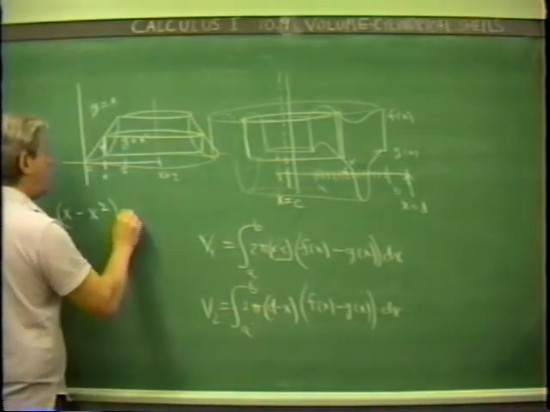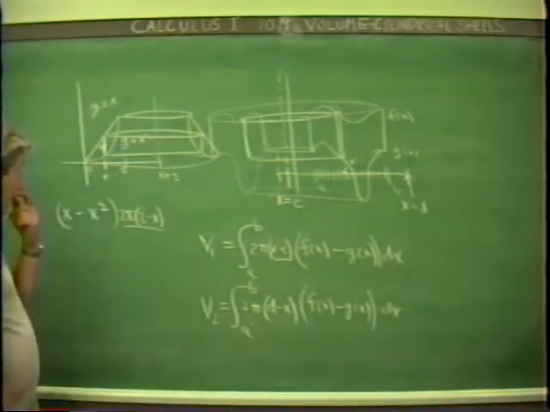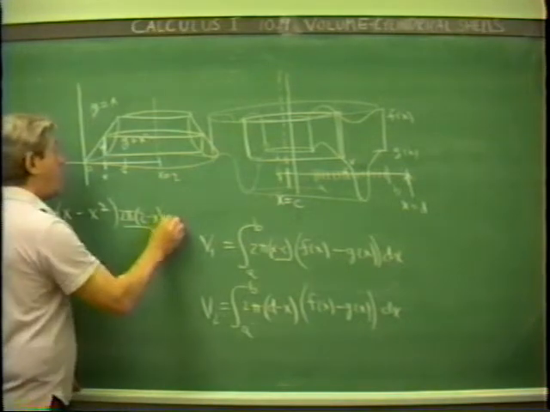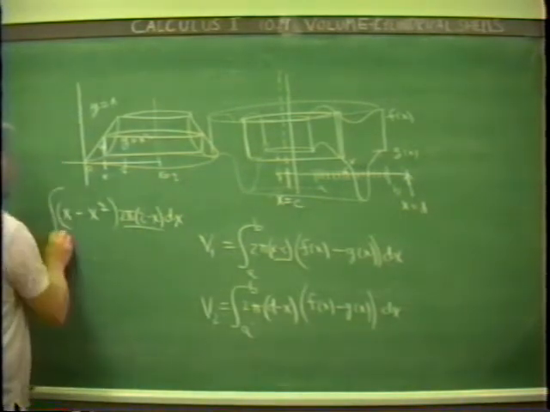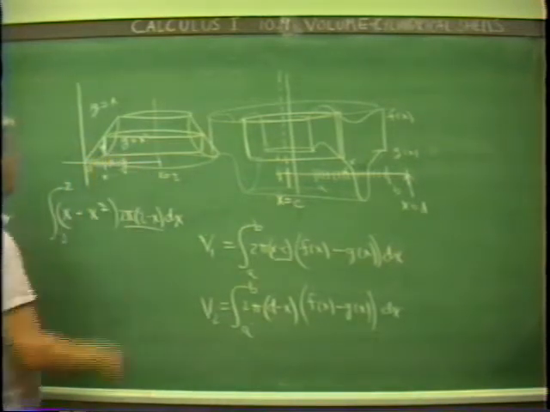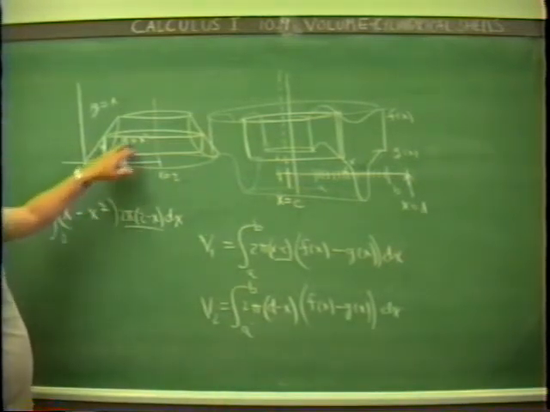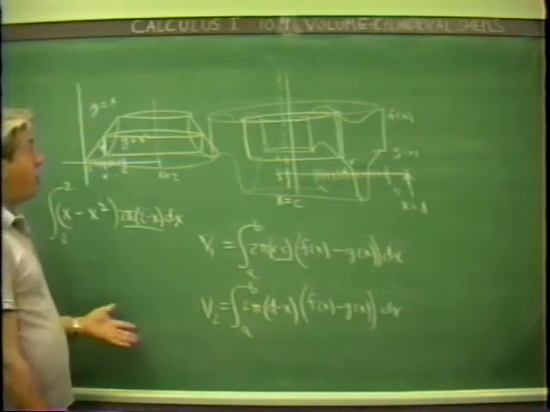So 2 minus x is the radius. And if we multiply that by 2 pi, this is going to be the circumference. The thickness is dx. So if we integrate this from 0 to 2, that's what was partitioned. This will give us the volume of this solid of revolution.